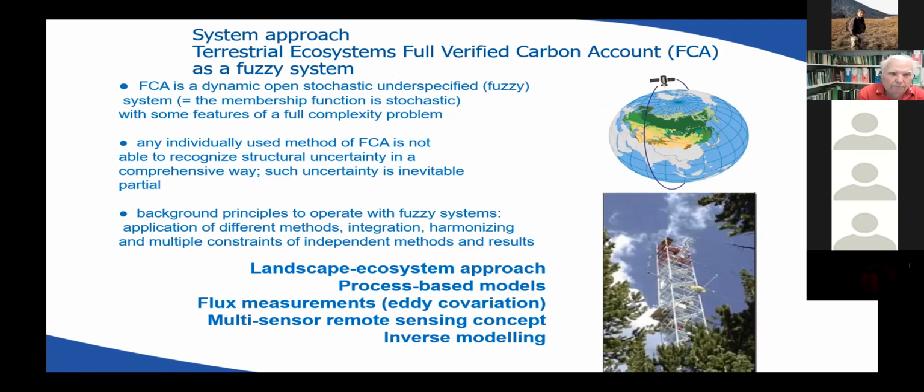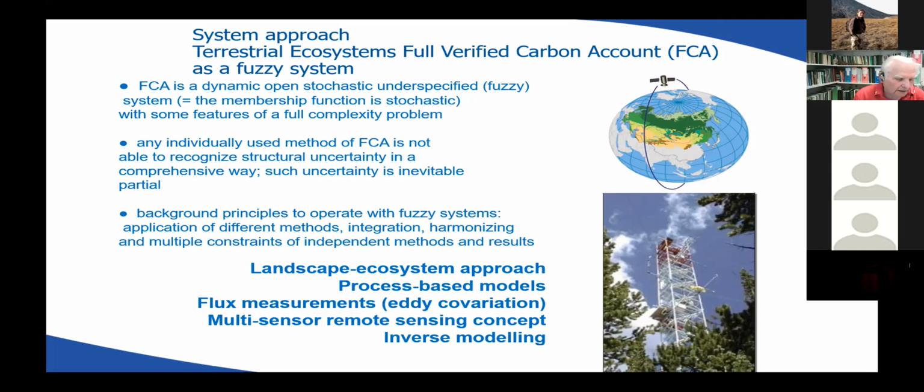One important point: the carbon account is a fuzzy system, an abstract carbon system, and that follows from theory.